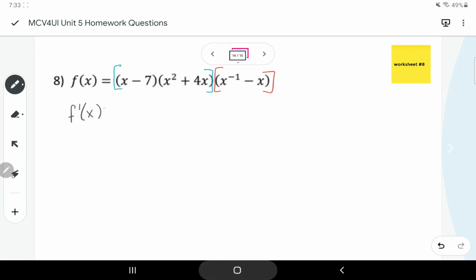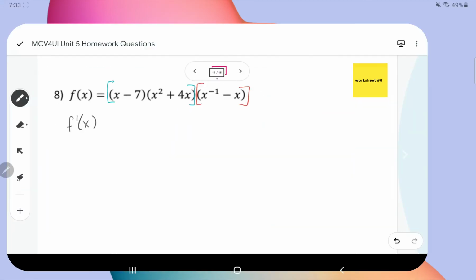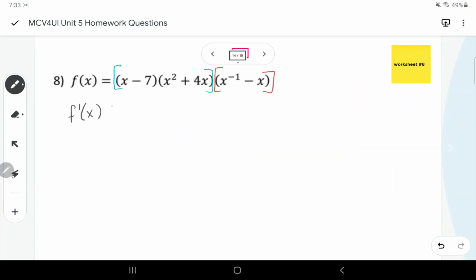So f prime at x is going to be the first factor. So x minus 7 times x squared plus 4x. And this is actually just a bit of a mental exercise. I would probably just FOIL out that first pair before doing the derivative, because I think it would be easier.